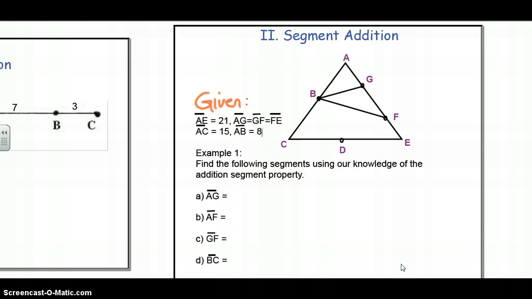So here's some practice. Find the following segments using our knowledge of the segment addition property. If we know that AE is equal to 21 and AG equals GF equals FE, then what do AG and AF equal? Take a minute to solve that.